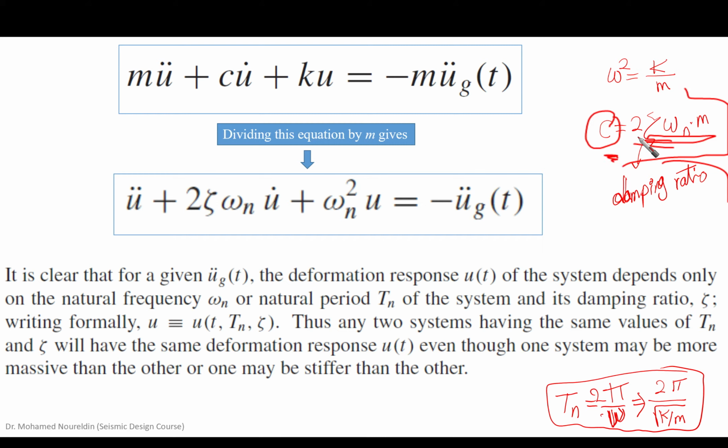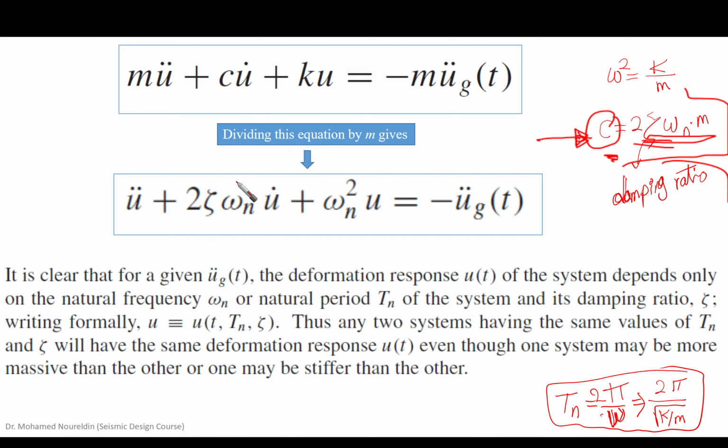So it equals 2 times the damping ratio times omega n times m. This is from the dynamics course. This is the damping coefficient, and it has a relation with the damping ratio, the natural frequency of the system, and the mass.